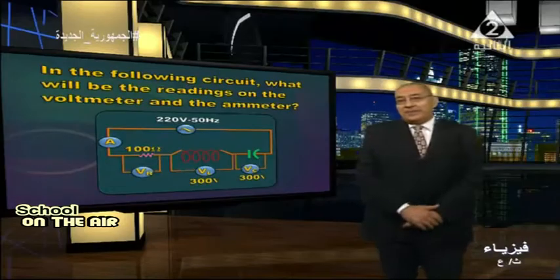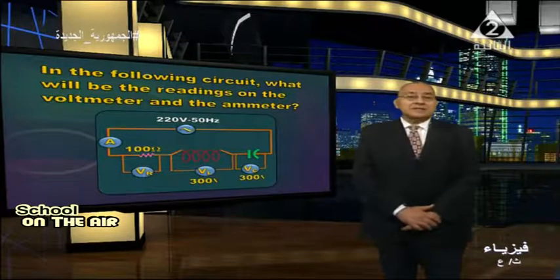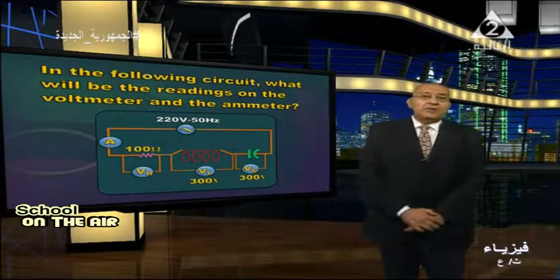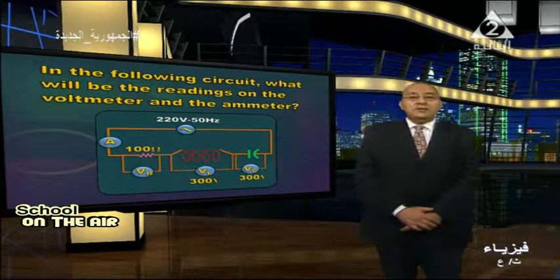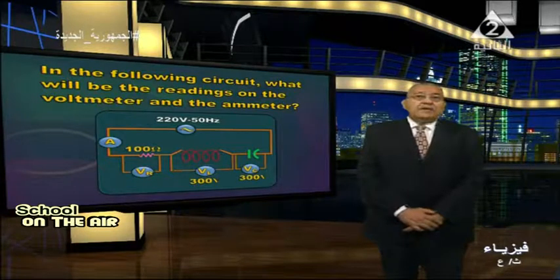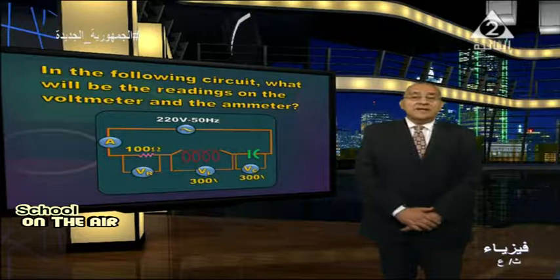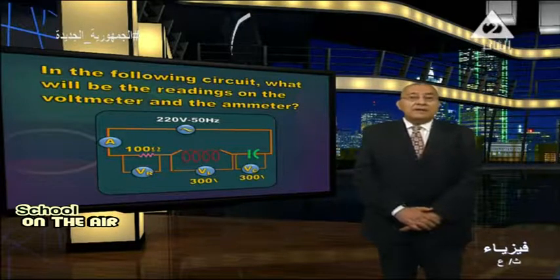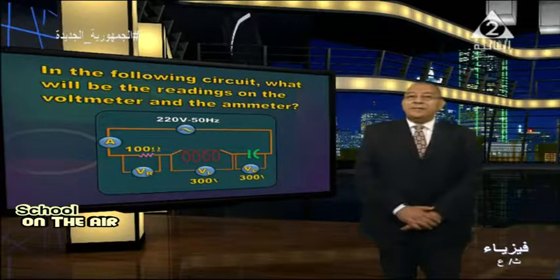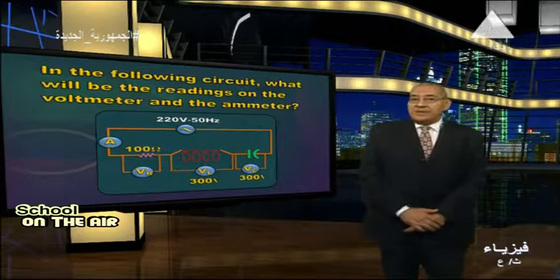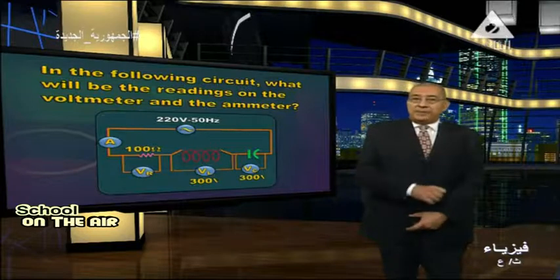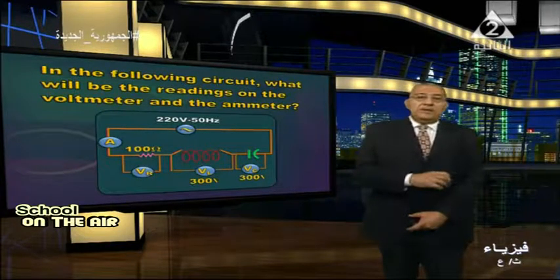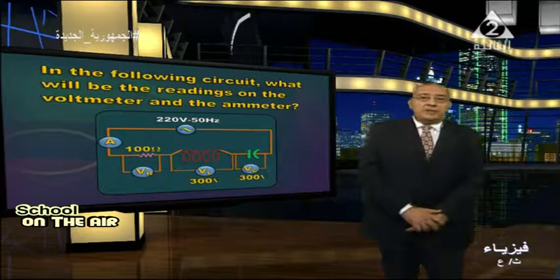In resonance state, VL equals VC, XL equals XC, V total equals VR, voltage and current are in phase, and the impedance is a minimum and is equal to the ohmic resistor. When we bear these things in mind, we'll be able to answer the question.